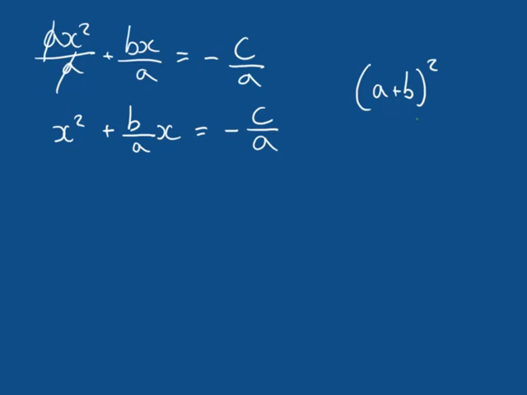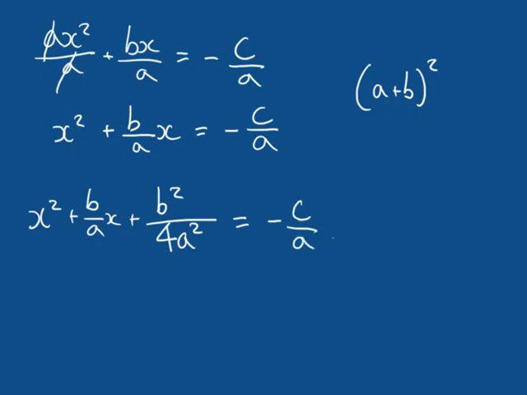So I'm going to add something to both sides, and what I'm going to add to both sides is b squared divided by 4a squared. So we've got x squared plus b over a x plus b squared divided by 4a squared. We must add that to both sides, so that's equal to minus c over a plus b squared over 4a squared.